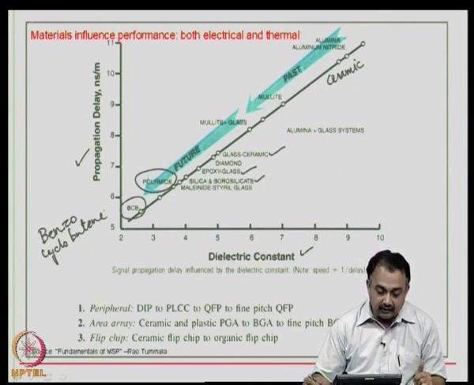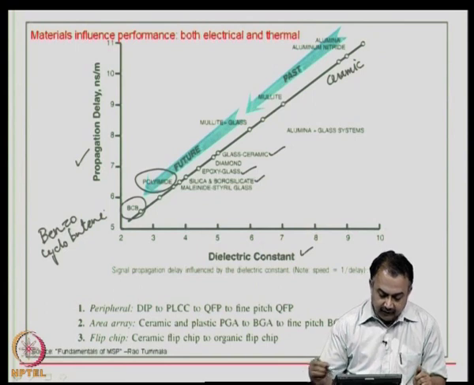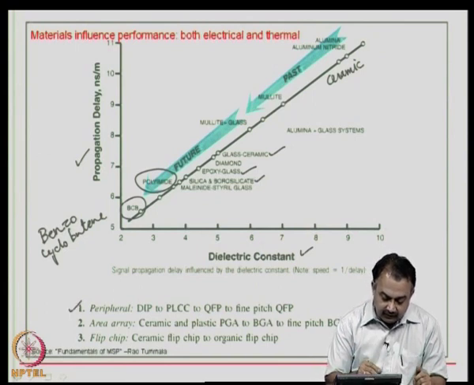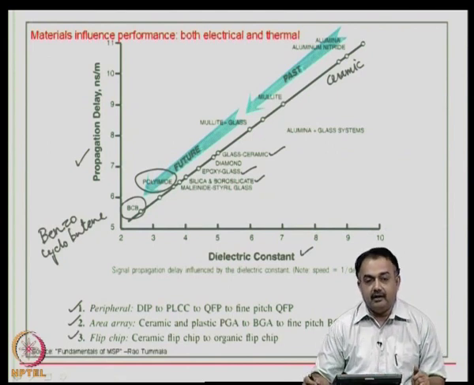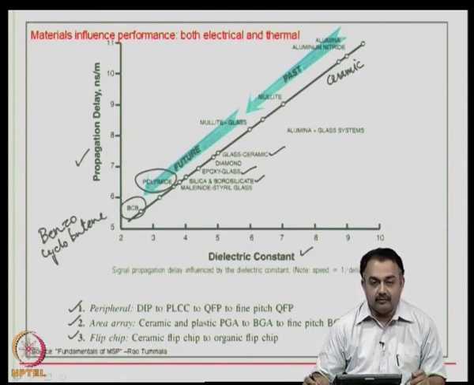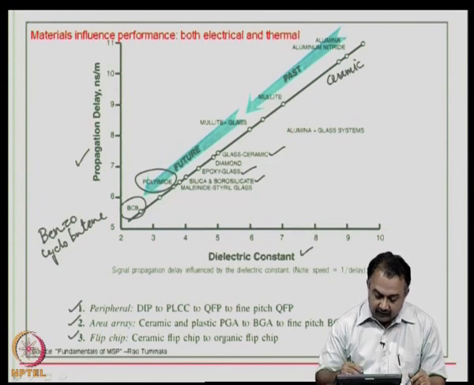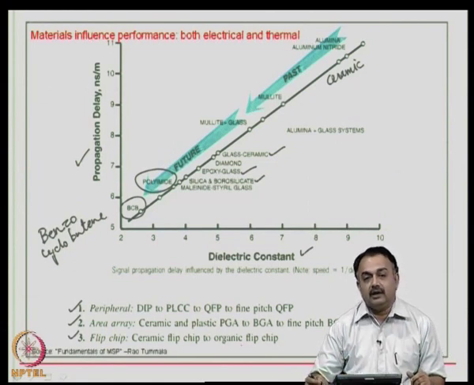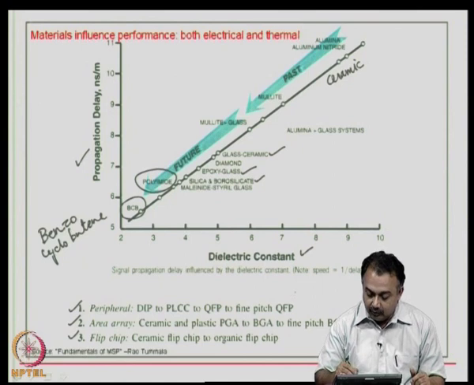So, these are the areas where dielectric materials could be used. We have seen peripheral array packages, area array packages, and a bare die called a flip chip or a C4 interconnect, where again if you look at all of these classifications, we are moving towards organic.